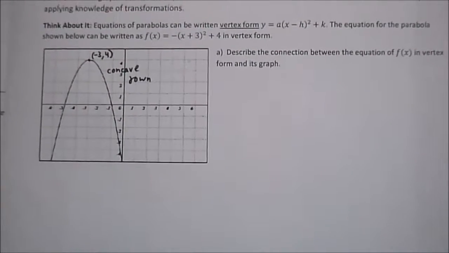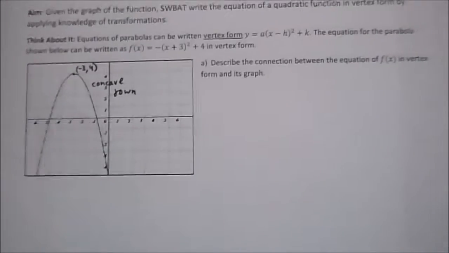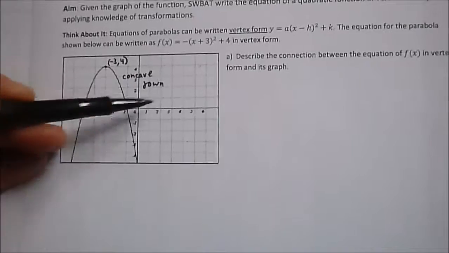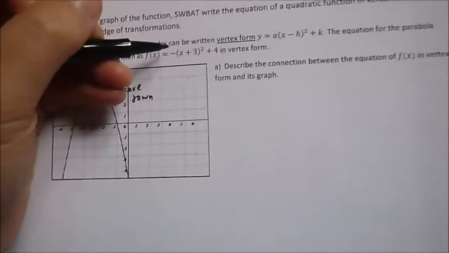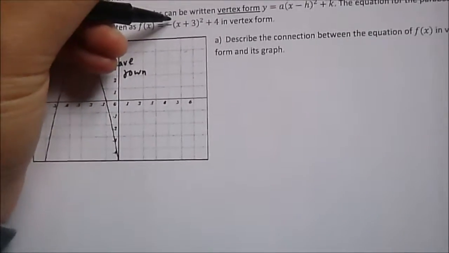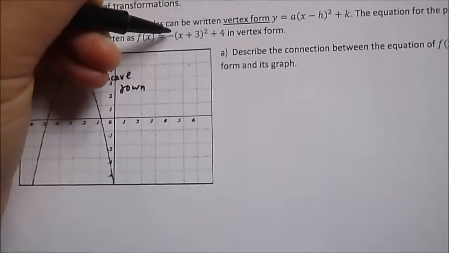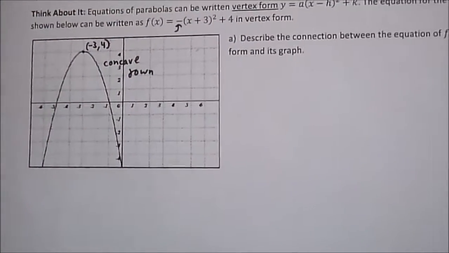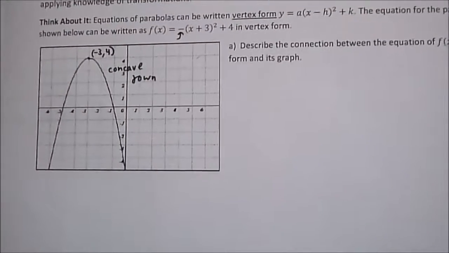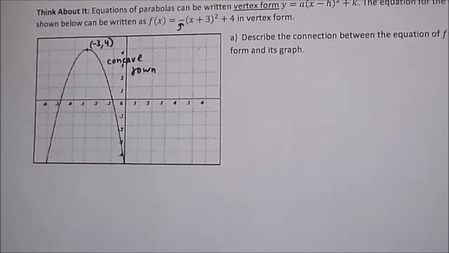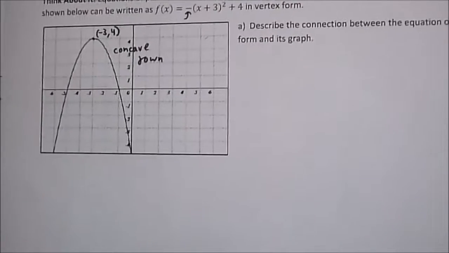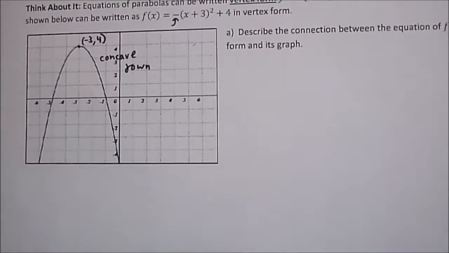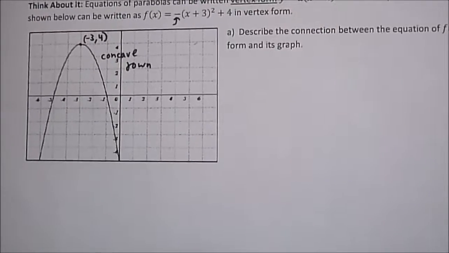In addition to seeing that translation, we can also see that my parabola is concave down. That downward concavity connects to the a term of my parabola, my leading coefficient. So in my equation, I see this negative sign. This negative sign tells me that my parabola is opening downwards. So if we think about the parent function, y equals x squared, just a regular old quadratic, it is concave upwards.